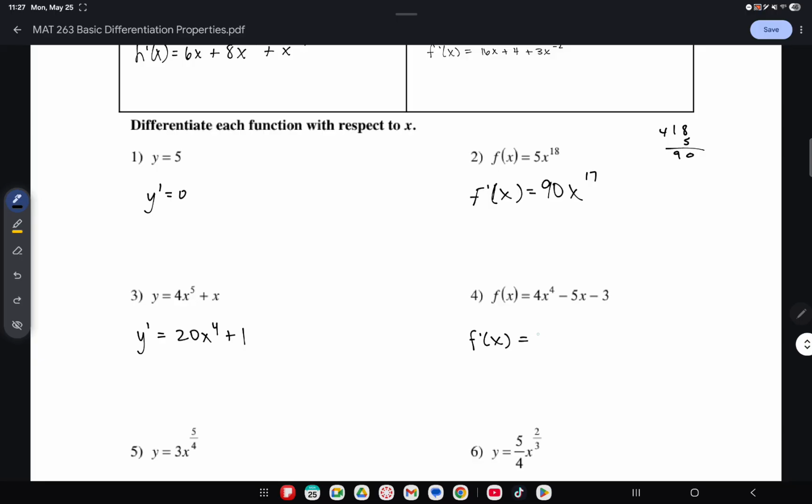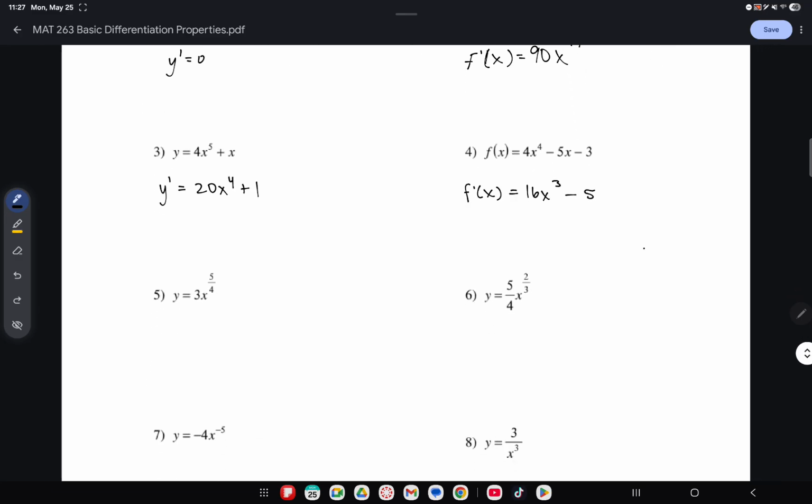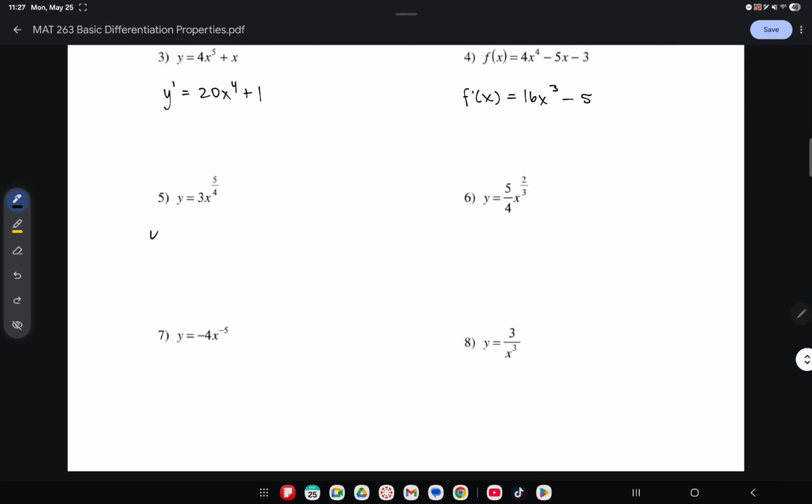And then we have, let's see, power rule here, 16x to the 3rd minus 5 and plus 0. Let's see, 3 times 5 fourths is going to be 15 fourths. X to the, we're subtracting 4 over 4. So 5 minus 4 is 1. So 1/4.